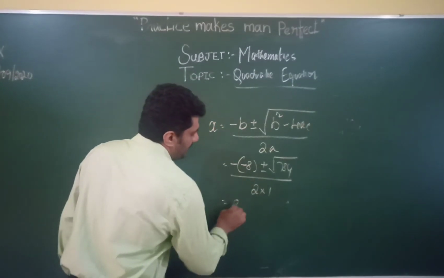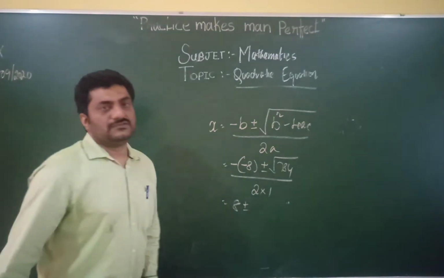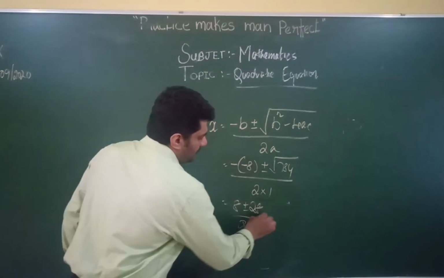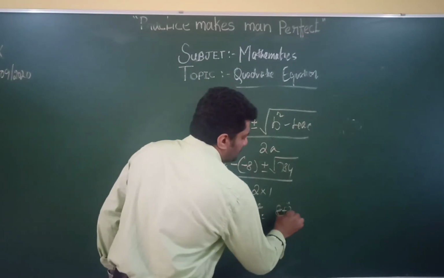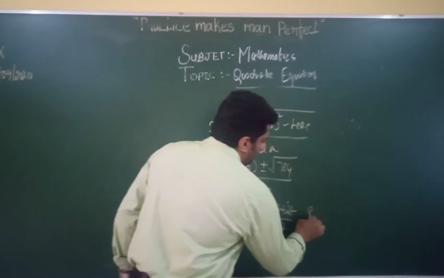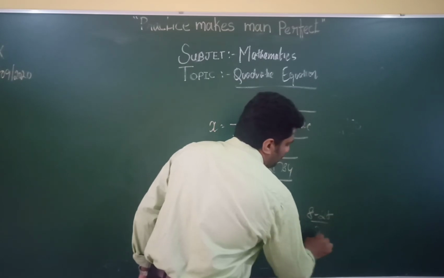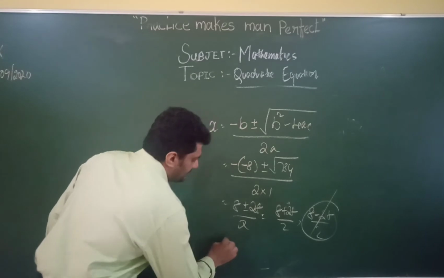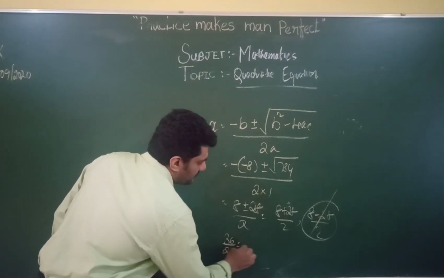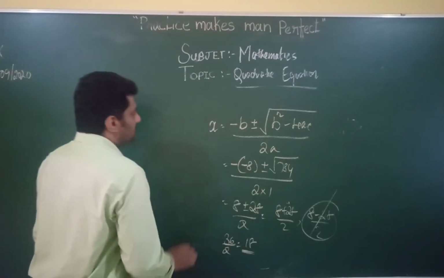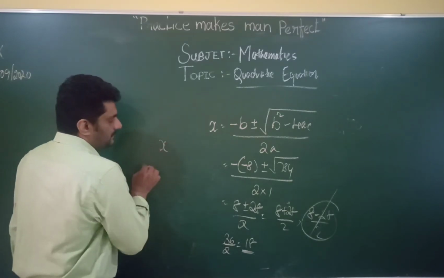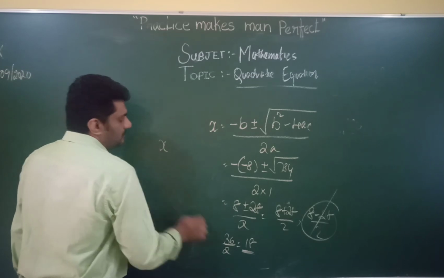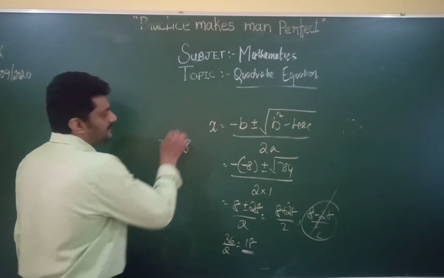It is nothing but 8 plus or minus, what is the root of 784? It is 28. Which is nothing but 8 plus 28 by 2, comma, 8 minus 28 by 2. Let's ignore the negative value. Let's take the positive value, which is 36 by 2, which is 18. So this is the value of x, which is 18.